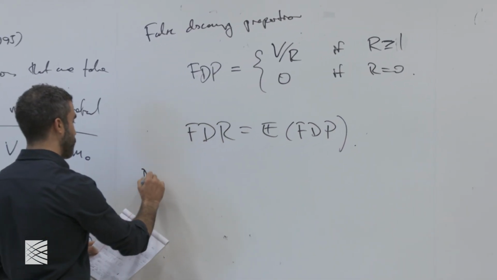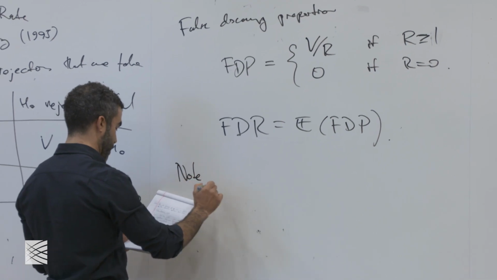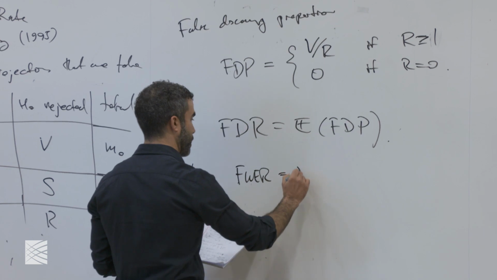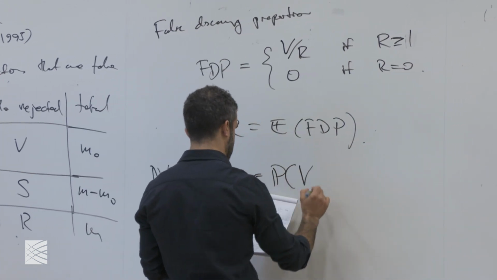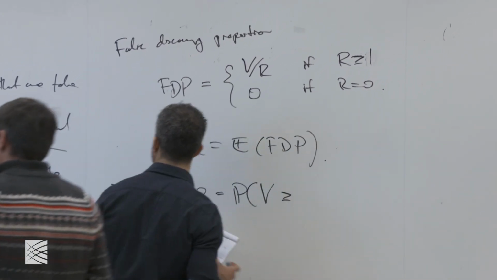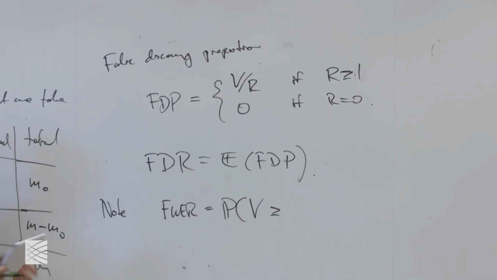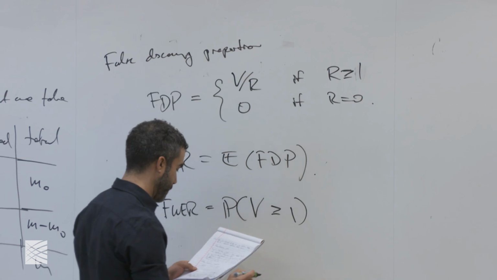And a couple quick notes about this quantity. One interesting one is the family-wise error rate is the probability... What is the family-wise error rate? That's the probability that there's at least one false rejection. So V is the number of false rejections, right?